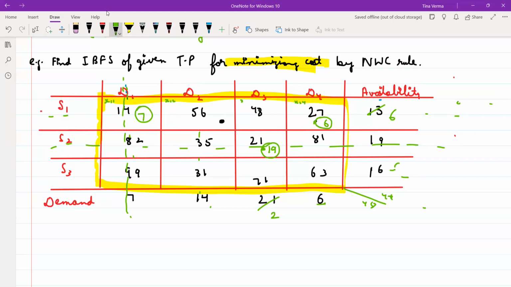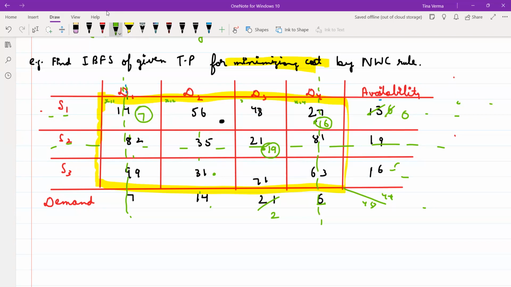And if you have to proceed for the optimality, you should have m plus n minus 1 basic cells. So what should I cut, row or column? So if I am cutting this, it will be 6 minus 6, that will be my 0. Is it clear?